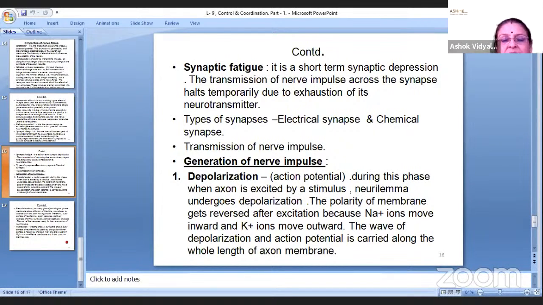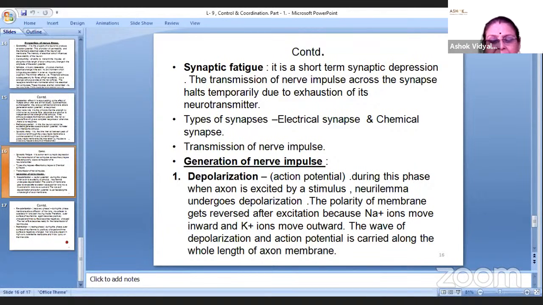The nerve cell contributing the transmission terminal is known as the presynaptic neuron, and the one which contributes to the receptor region is known as the postsynaptic neuron. Then the intercellular space between two neurons is called the synaptic cleft. I have already told you all these things, just repeating to introduce the two different types of synapses, the electrical synapse and the chemical synapse.